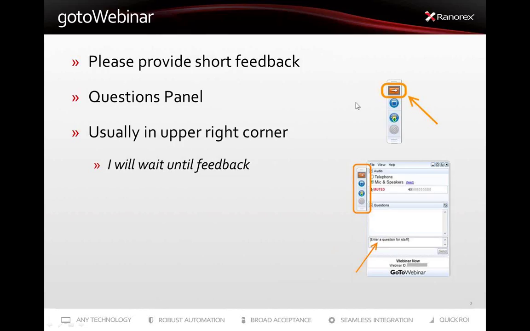This questions panel is usually located on the upper right corner of your desktop computer. There is no feedback until now. Let me check my audio settings. That looks good. All right, there is some feedback.